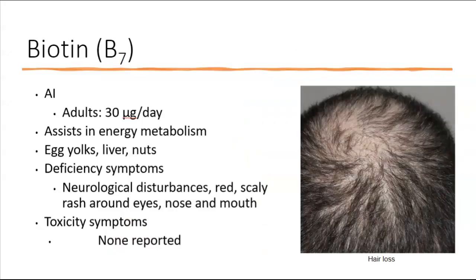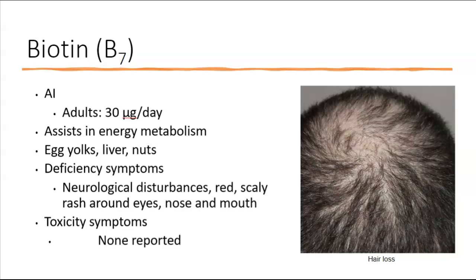Biotin is next, also known as B7, and it has an AI, an adequate intake, not an RDA. For adults, we need about 30 micrograms per day. It too assists in energy metabolism. Good sources are egg yolks, liver, and nuts.